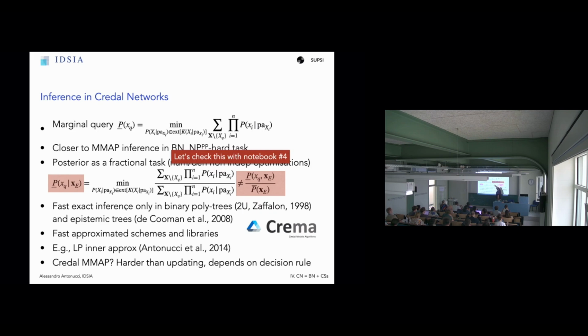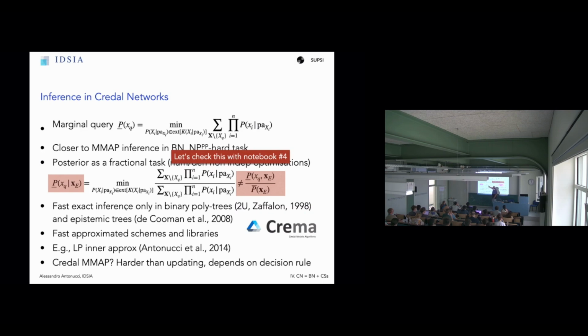This was an idea I worked on, which I think is at this moment the best approximation scheme we have. Basically, I have to optimize, and in doing the optimization, all the credal sets can vary. But let me fix all the credal sets to a specific value apart from the credal set of a single variable.